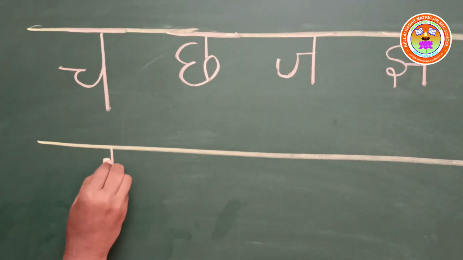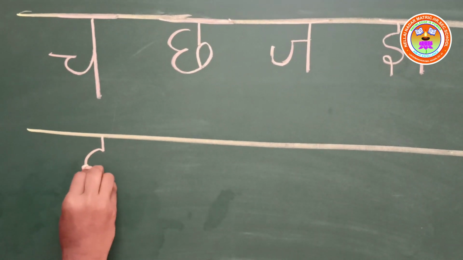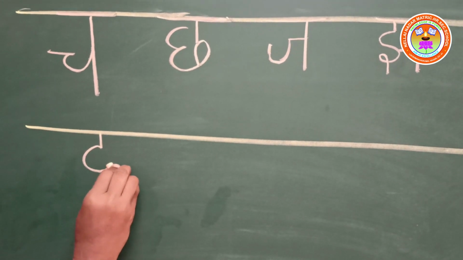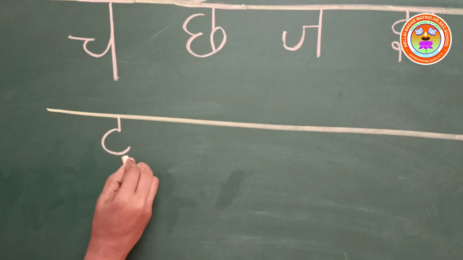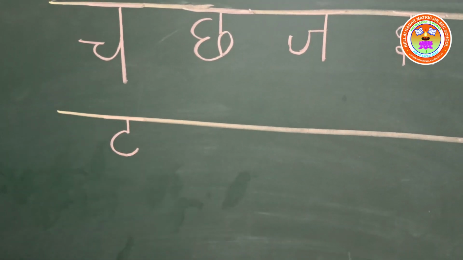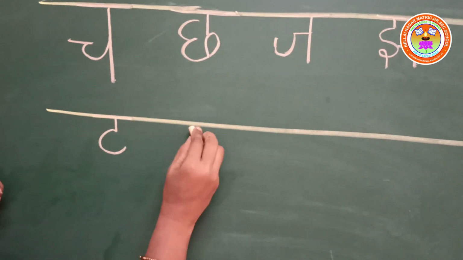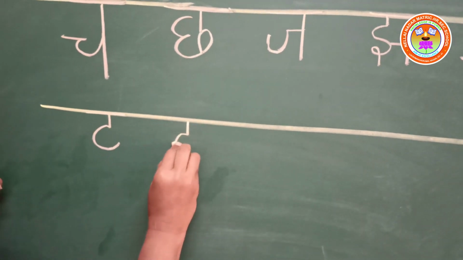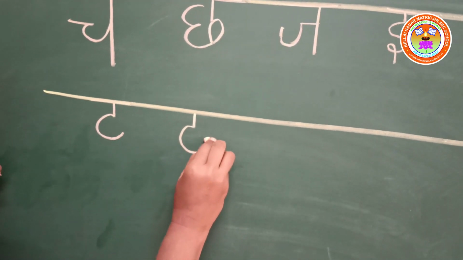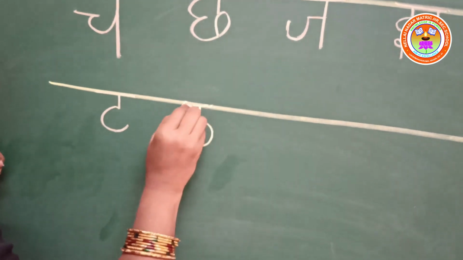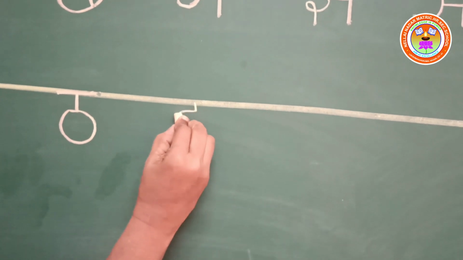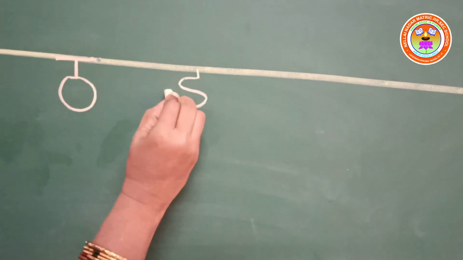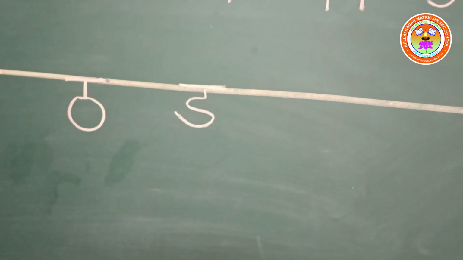Children, draw a small line, a C curve and a sleeping line on top of it. T. Draw a small line, an O curve that joins a small line and a sleeping line on top of it. T. Draw a small line, an S curve and a sleeping line on top of it.